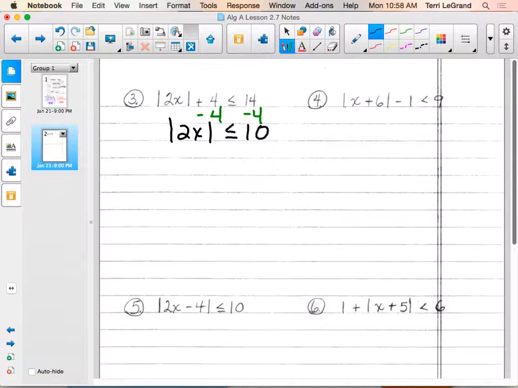Now, Calvin, what are we going to do? Considering what that says, the distance of 2x has to be less than or equal to 10. Abby, can you help him out?